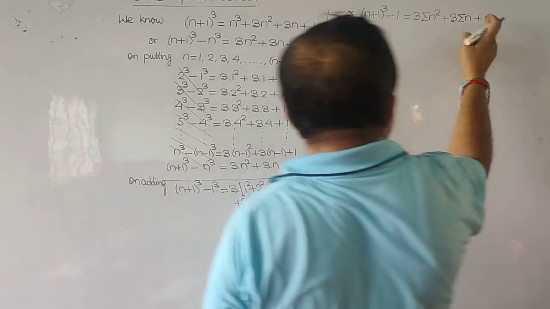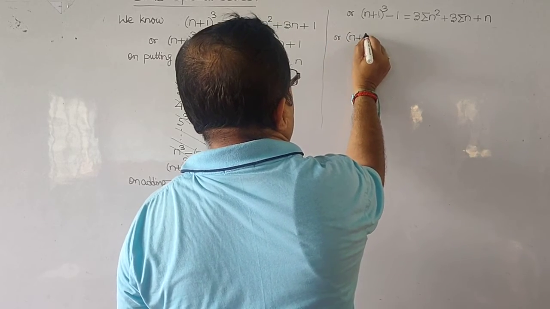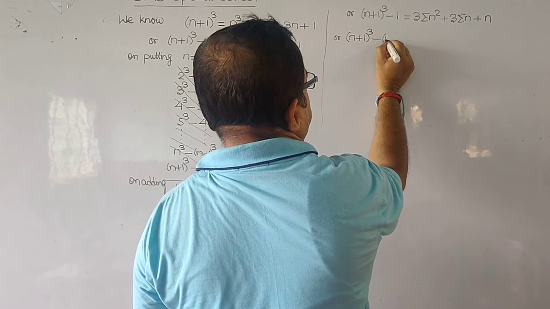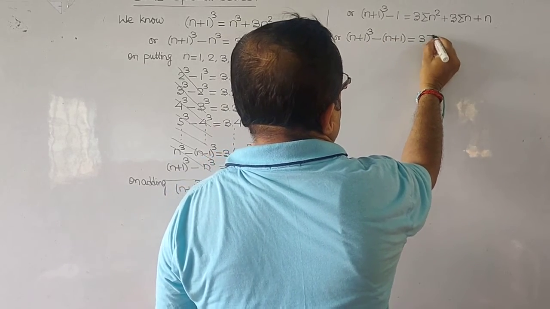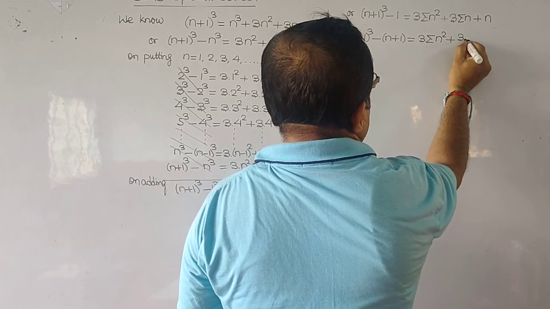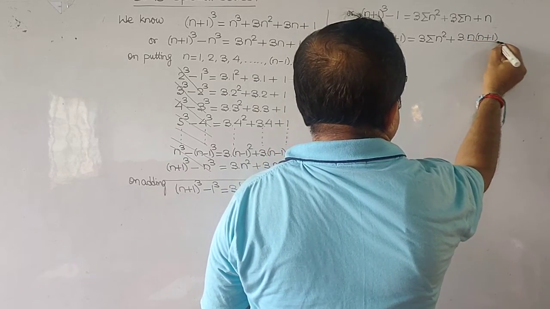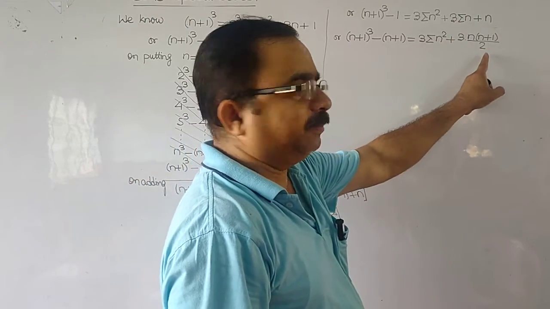Now take this n on the left side: (n+1)^3 minus n minus 1, minus taken as common (n+1), equals 3 summation n square plus 3 times n(n+1)/2, that is (n+1) by 2 times summation of n.